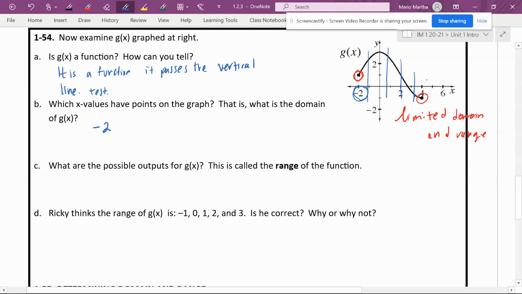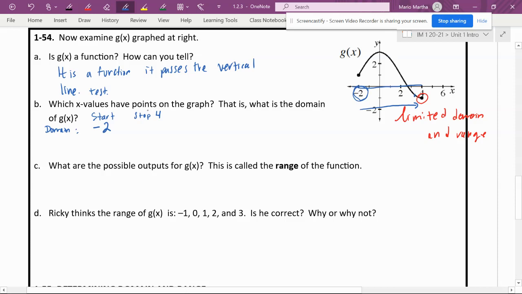And then if we go all the way to the right, just looking at the x values, that's what matters to us right now, we stop at +4. So we start at -2, and then we stop at +4. This is the domain of our graph.